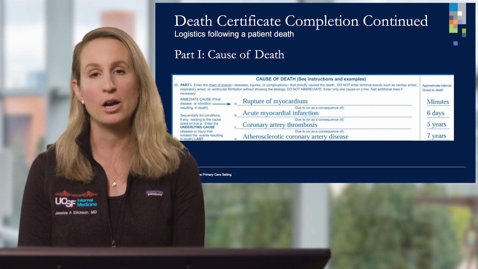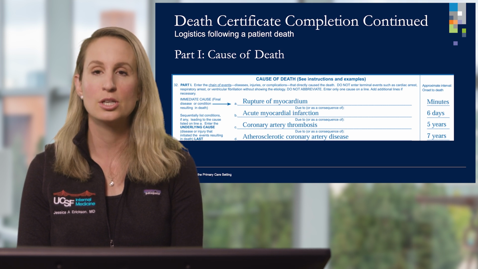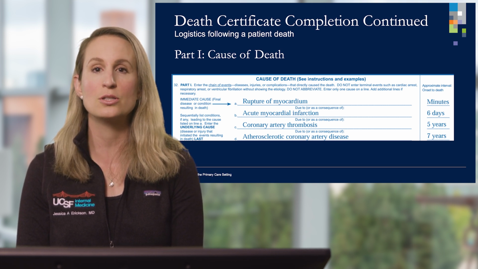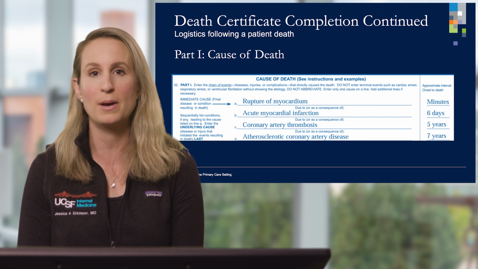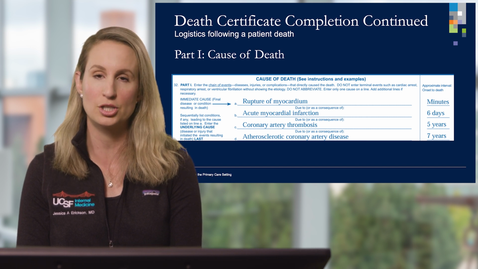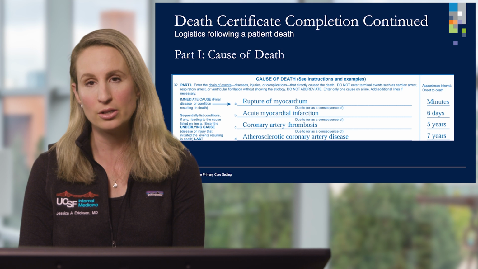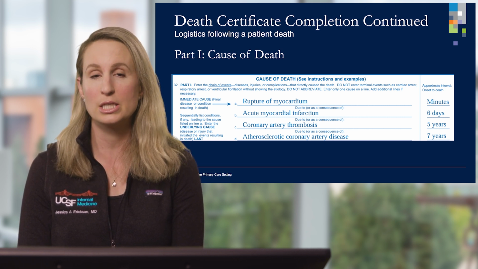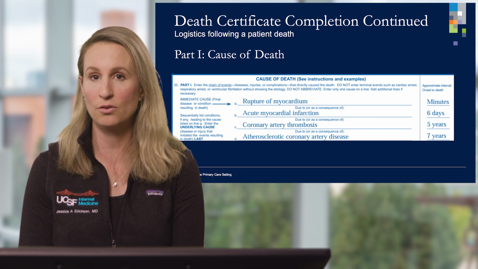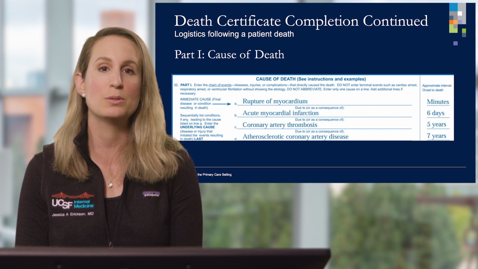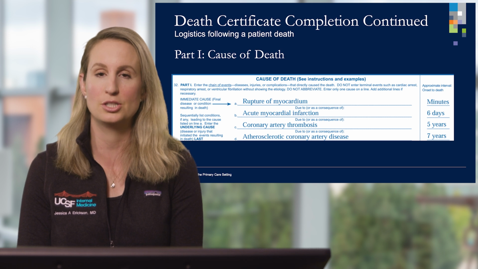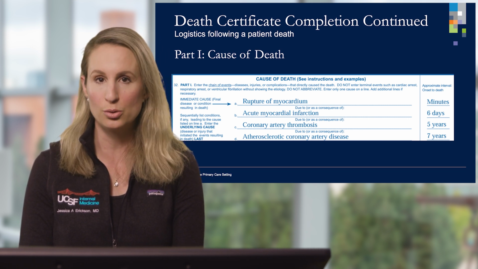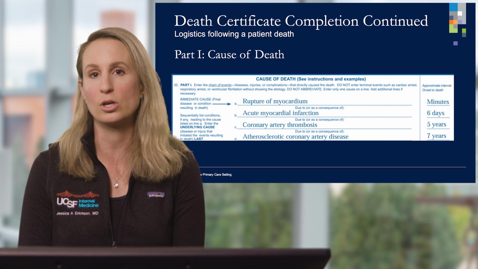Terminal events such as cardiac arrest or respiratory arrest should generally not be used, as ultimately all deaths are caused by a cessation of heart or lung function and are therefore not necessarily unique to your patient's cause of death. If cardiac or respiratory arrests seem most appropriate for line A, however, then just be sure to list the cause below, such as cardiac arrest due to coronary artery disease or chest impact.